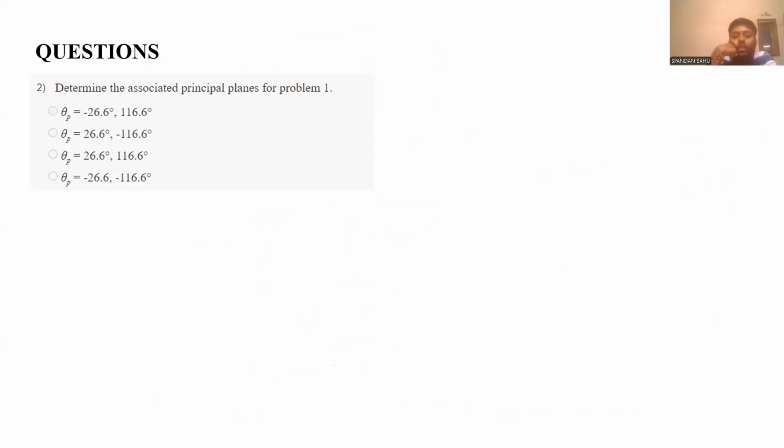Now read this question. This is a continuation of our previous problem. So let us read what they are asking. Determine the associated principal planes for problem 1.